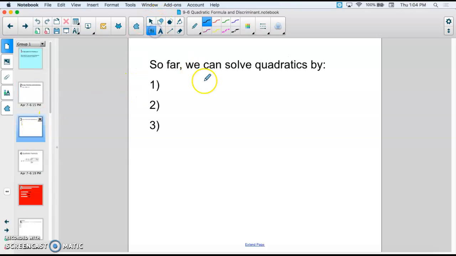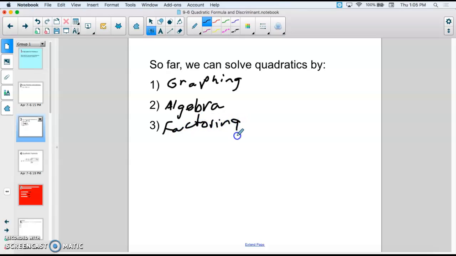So far we've learned to solve quadratics by, well, first we learned by graphing. Then we learned by using algebra, just solving it like an algebra equation. And then we learned by factoring. All of these have their uses. Some of them work better than others.